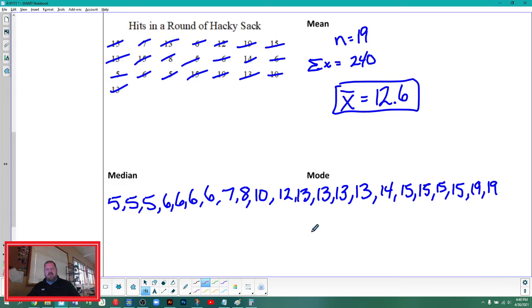Now to find the median, I want to count off one by one from each side until I get to the middle. A lot of times if I'm doing this on a piece of paper, I might cover up the numbers sequentially from both sides just with my fingers. Here I'm just going to underline one from each side.